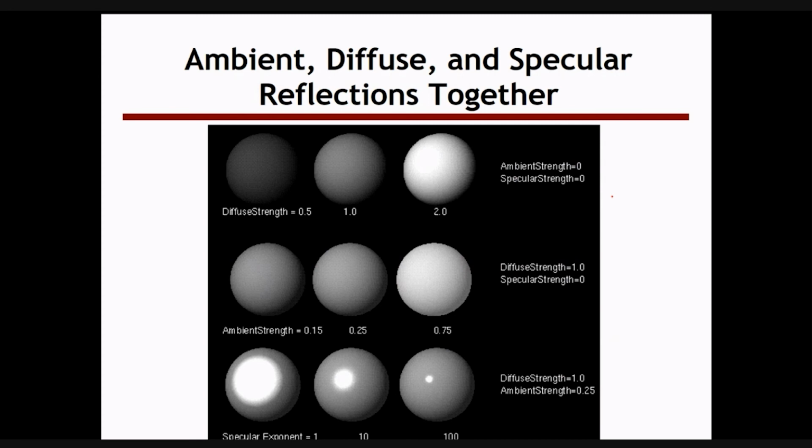As I said, multiple intensities could be given to your surface. As you can see, diffuse strength is given over here, that is 0.5. Similarly, ambient strength is given some intensity, and that is 0.15, and the specular exponent is given 1. So likewise, it is based on that intensity.